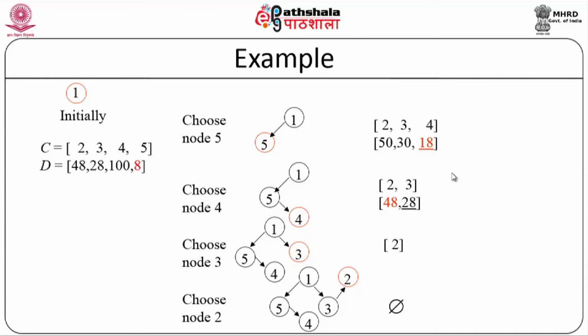Now only 2 and 3 remain, and the active nodes are 1, 5, 4. You can see the minimum is 28. Now this is the tree that is generated, and finally you have only one node left, that is 2, which is connected to 3. So, this is the shortest path tree that is obtained. Now the set of remaining nodes becomes null because we have considered all the nodes, therefore we exit the process.